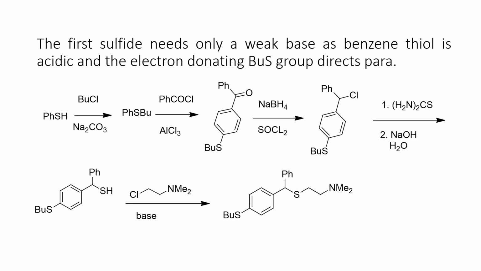When we talk about the synthesis of captodiamine, the first compound, benzene thiol, is commercially available. It will need only a weak base, as benzene thiol is acidic. Butyl sulfur group is electron donating and directs to the para position.